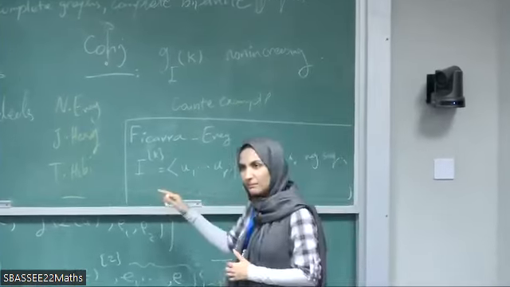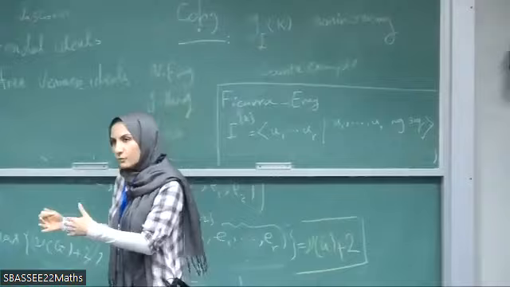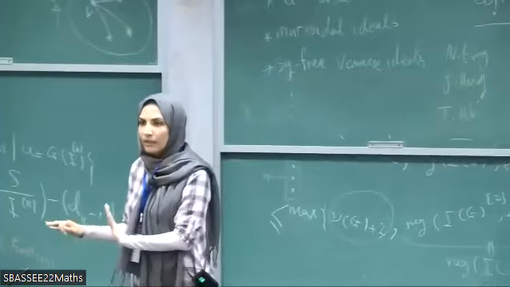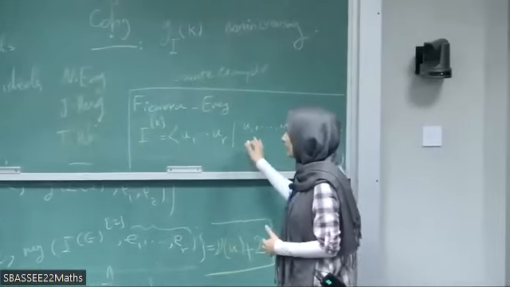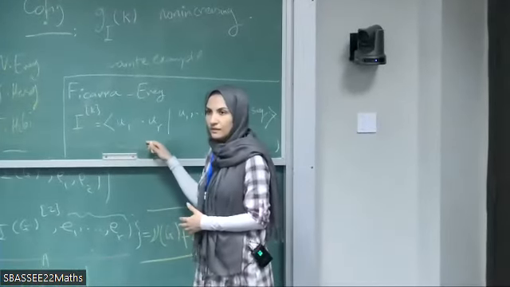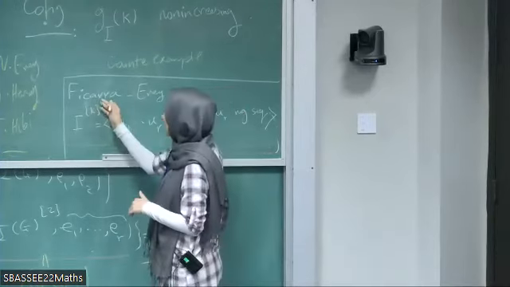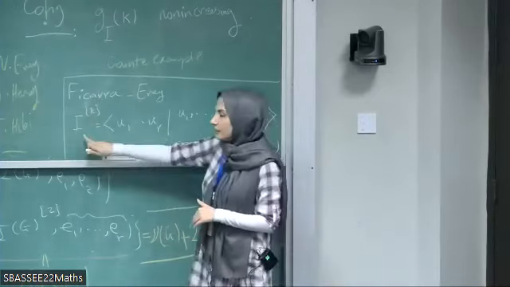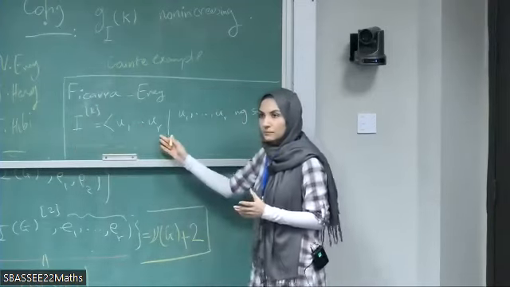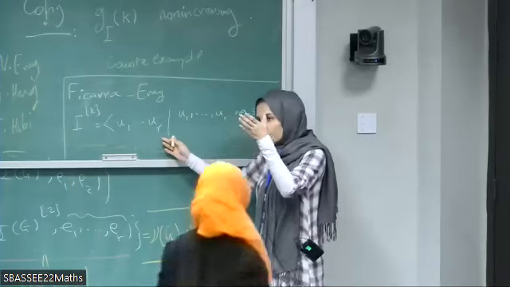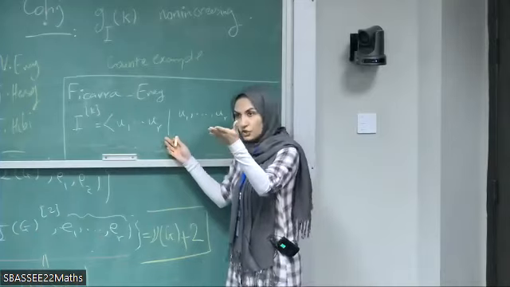So the same definition, if you remember in the very first lecture, I defined it in this way, but we left it, because we were interested in square free things and we didn't use this expression that much. This is the first time that they are defining this for any monomial.